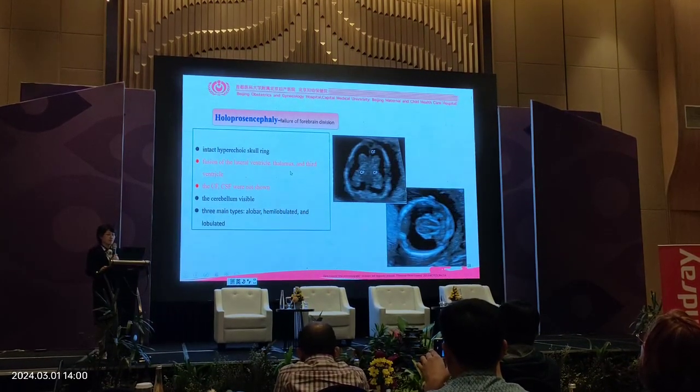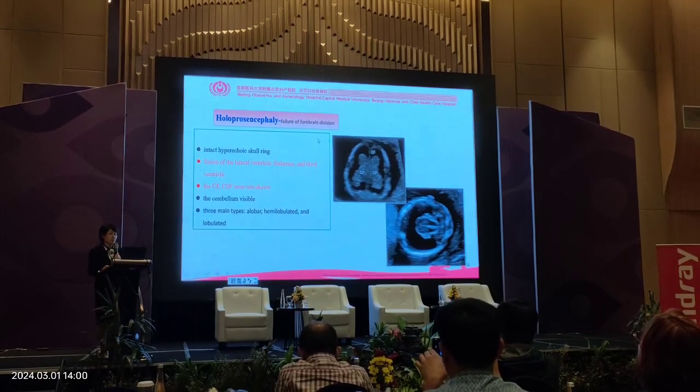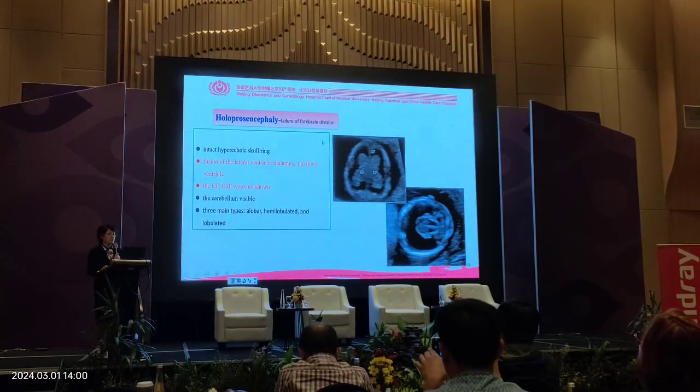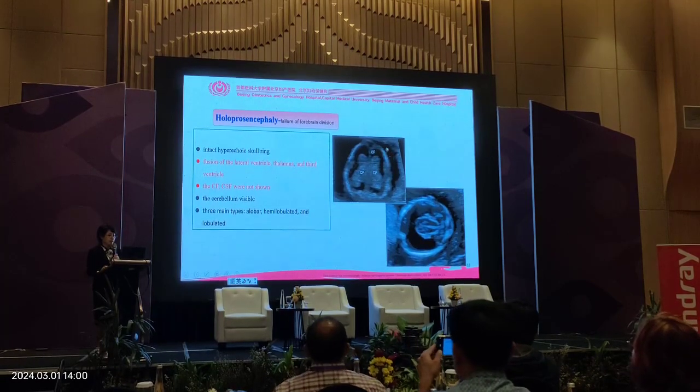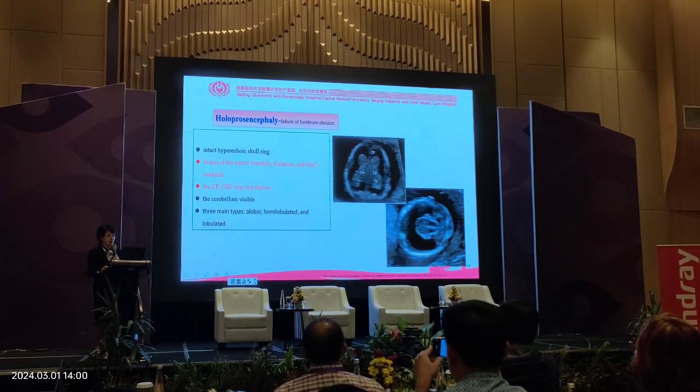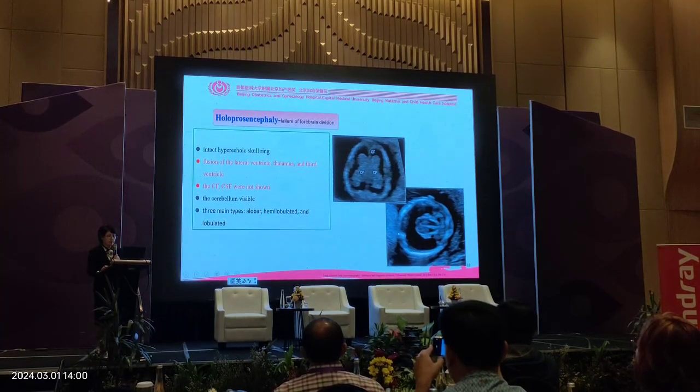This one is a feature of forebrain malformation. It's found in holoprosencephaly. We can see the intact structure is normal, but here is normal. It's a normal picture.